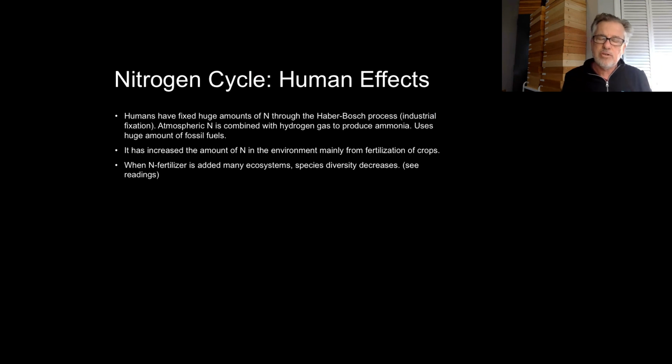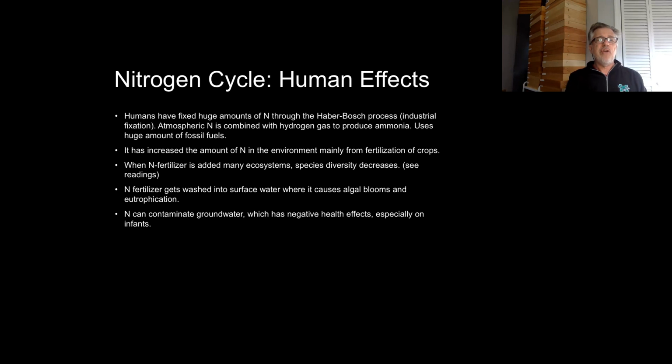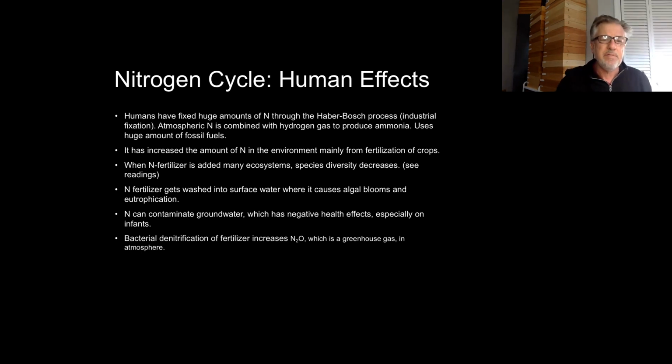And we know that nitrogen added to ecosystems has a lot of repercussions. For example, in ecosystems, species diversity decreases. When nitrogen fertilizer gets washed into surface water, it can cause algal blooms and a process called eutrophication that we're going to learn about later. And eutrophication causes all sorts of problems. It can contaminate groundwater, and that can have negative health effects, especially on infants.